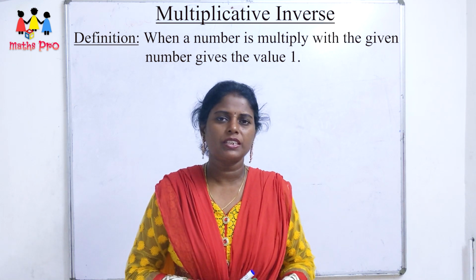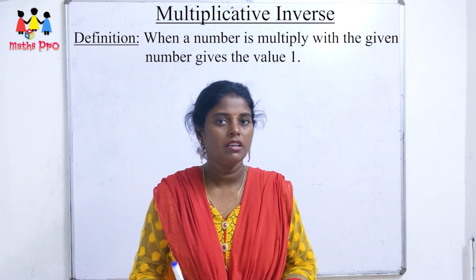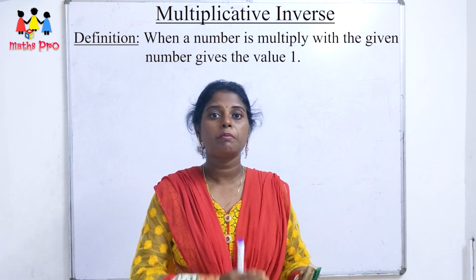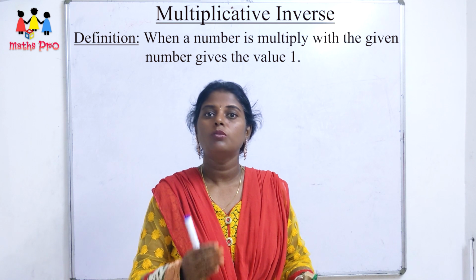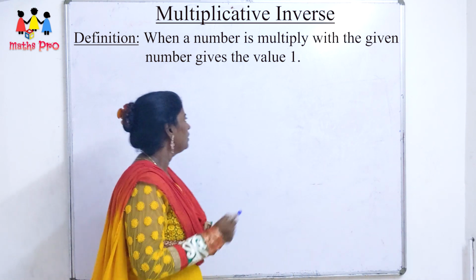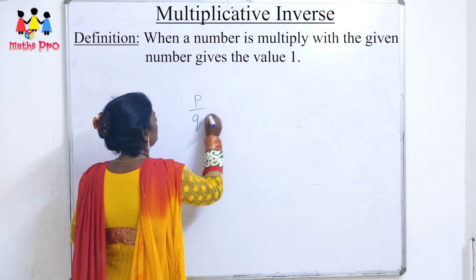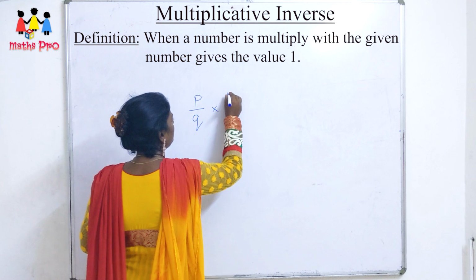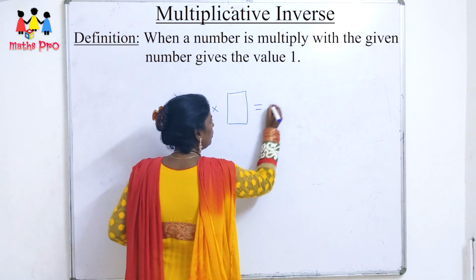By the definition, multiplicative inverse is nothing but when a number is multiplied with a rational number it gives the value 1. For example, if P by Q is multiplied with some number and gives the value 1.